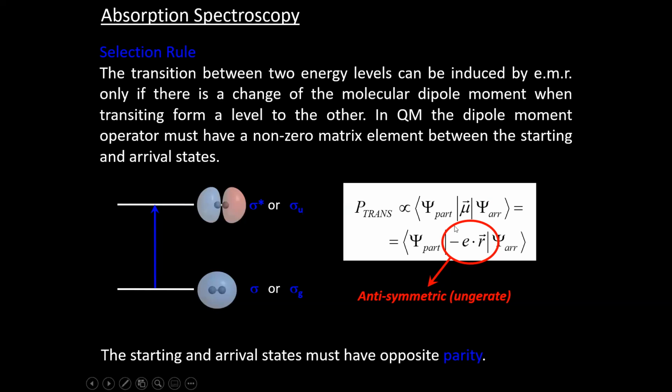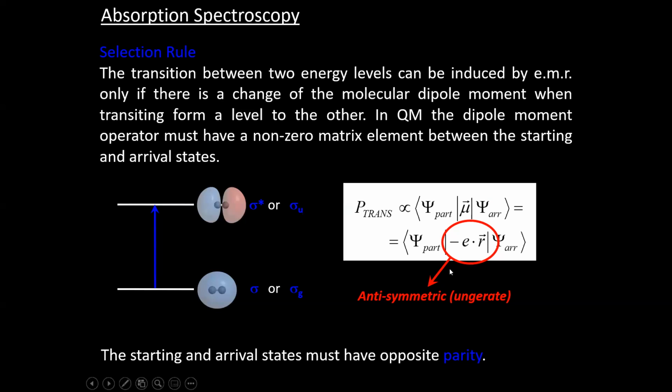So what is this calculation here in quantum mechanics? This is the Dirac formalism. This calculation is the integral of the conjugate of the departure function times the operator times the arrival function, integrated over all the volume. Now, if the parity, the symmetry, of these two states is the same, and your operator is anti-symmetric, when you calculate the integral you are multiplying one symmetry times an anti-symmetric operator times the same symmetry, so you get an anti-symmetric quantity.